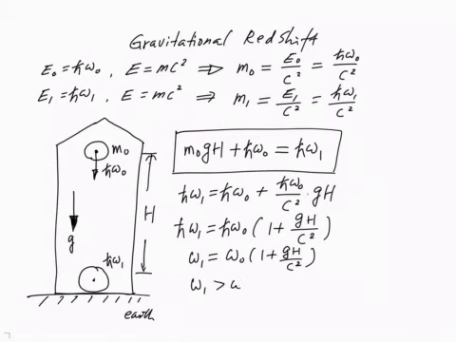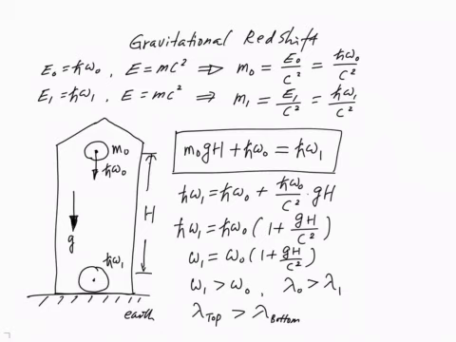So omega 1 is bigger than omega 0. Another way around, we can say lambda 0 is bigger than lambda 1. Lambda is the wavelength of the photon. So that tells us that at the top of the building, the wavelength is longer than when it is at the bottom.